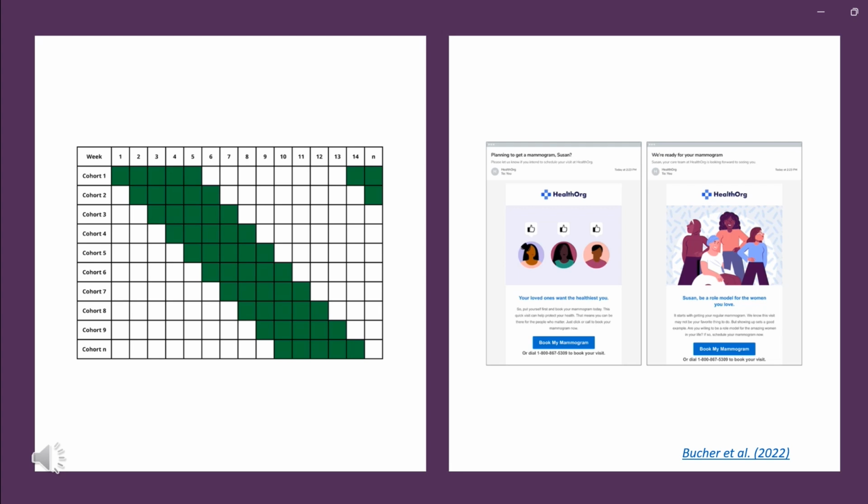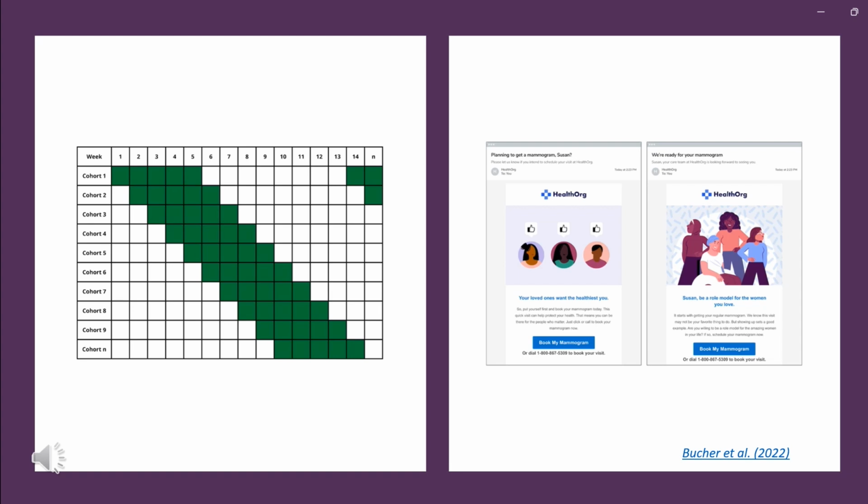And on the left you can see they would email groups of women for 4 to 5 months at a time, then take a break and start again. And over time the algorithms optimise the message composition based on the women's past behavioural responses, such as opening messages, clicking calls to action, and scheduling and attending mammograms. Then it selected various content to put in emails to maximise the probability that the recipient would complete the target behaviour.